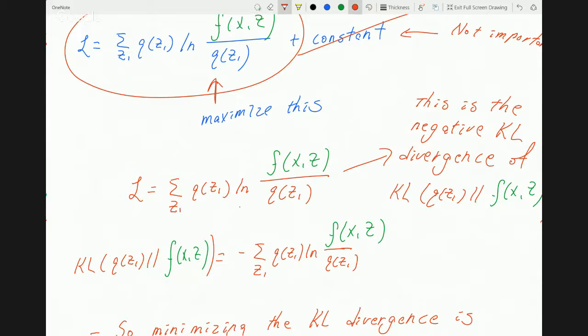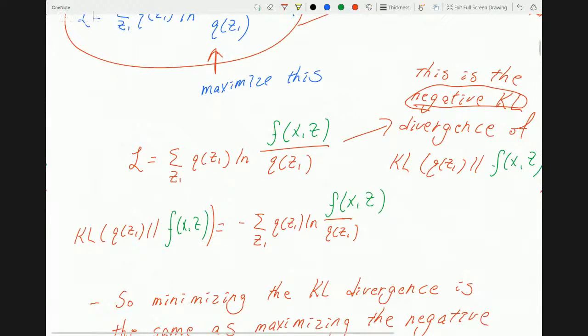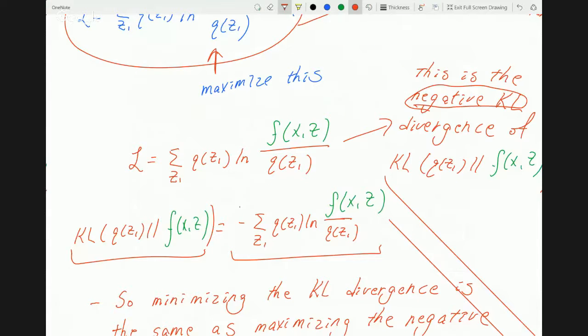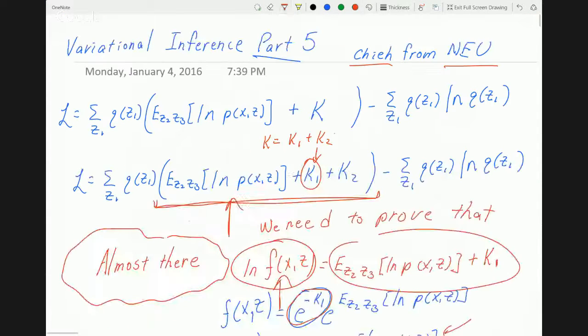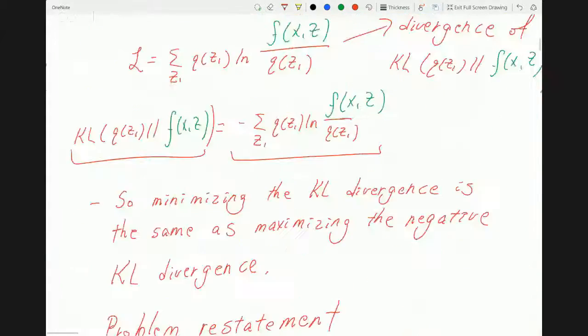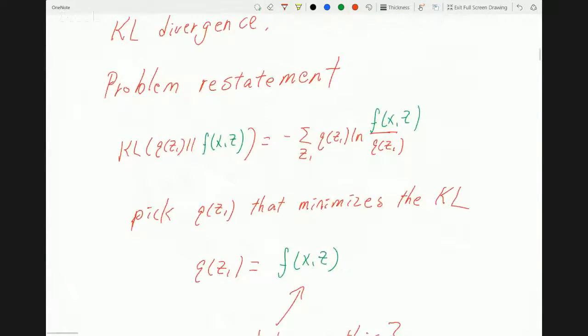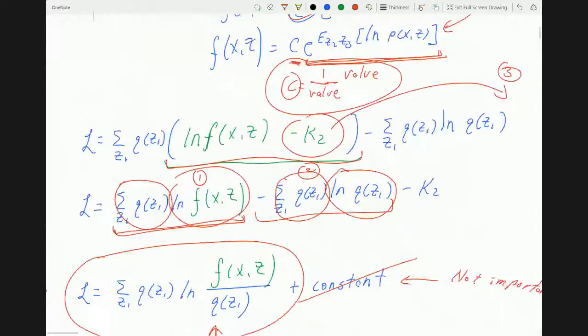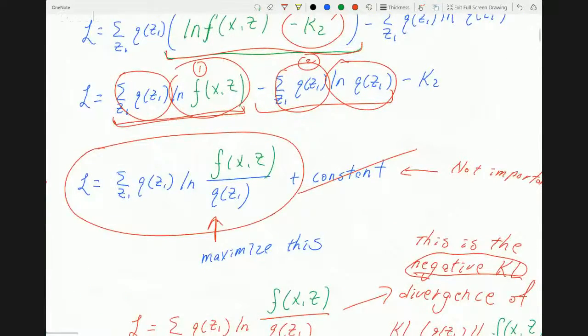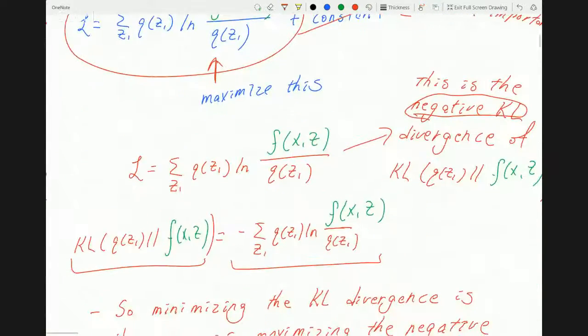Now, the next thing you have to realize is that this is also the negative KL divergence. If you find the KL divergence, you'll get this formula. Sorry.